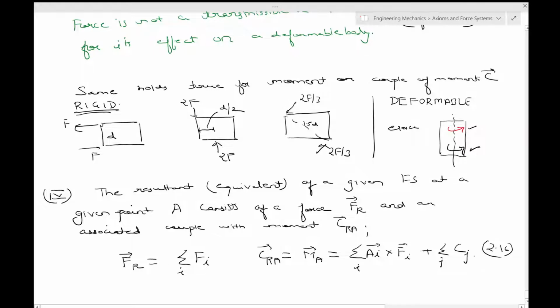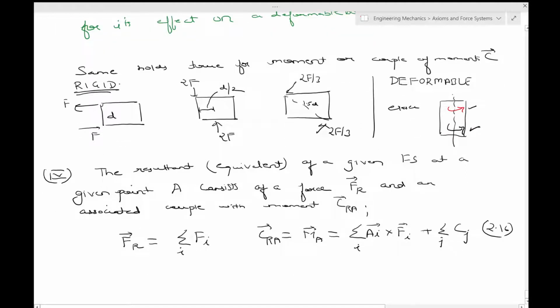How do we find this? We have already seen, we had done it for MB. The same definition holds for MA, any other point. Now you will notice that even though the resultant equivalent of a given force system at a given point A consists of a force Fr, this given point A does not actually appear in Fr.